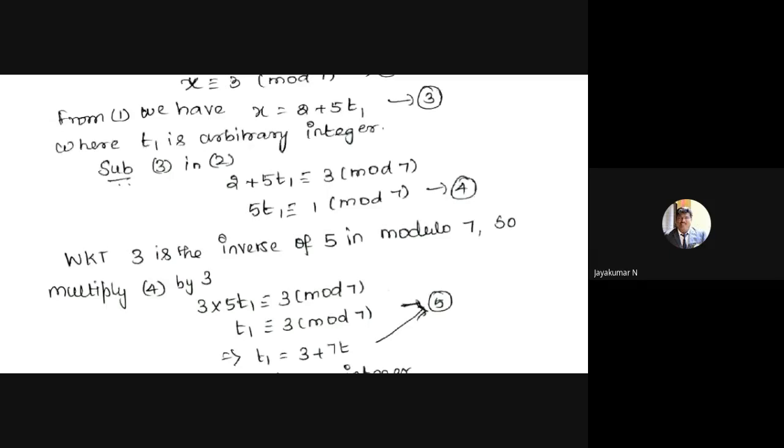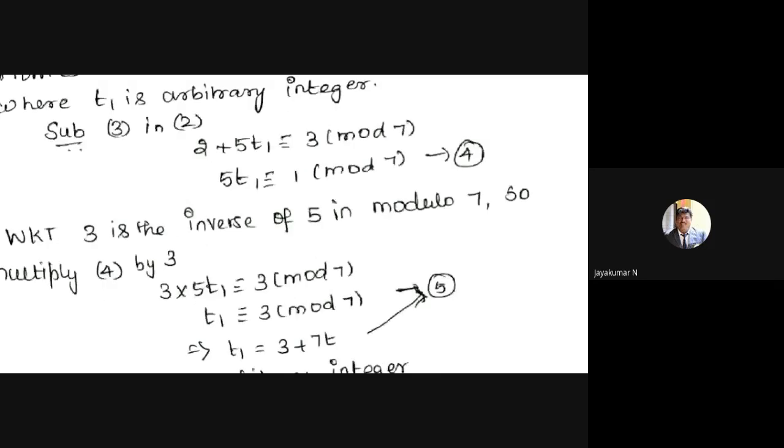So 3 into 5, 15t1, is congruent to 3 into 1, that is 3, mod 7. Since 15 is more than 7, 15 is congruent to 1 under mod 7. So 1 into t1 is congruent to 3, which is less than the mod value. So t1 is congruent to 3 mod 7.